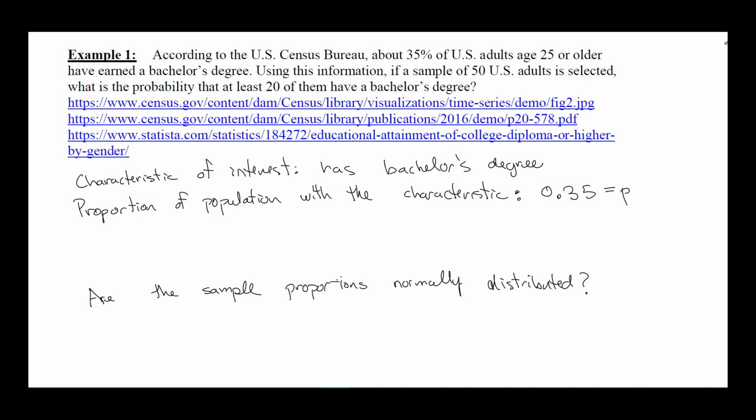And so to figure out whether the sample proportions are normally distributed, we need to think about not just that 0.35, but also the complement of that. What proportion of the population does not have the characteristic?